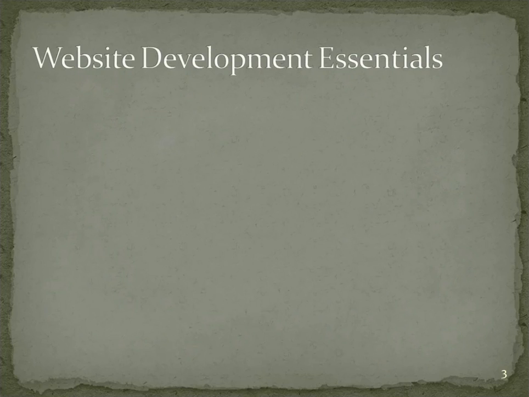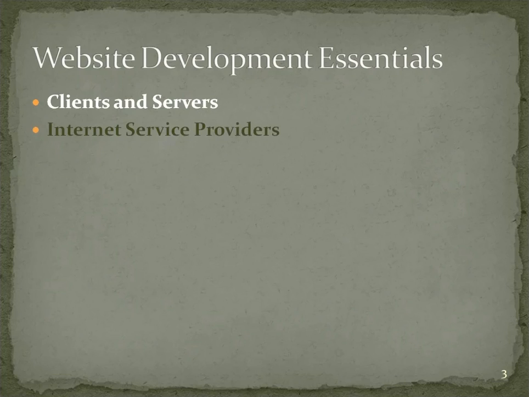Now we will see some of the essential components that are required for website development. The first essential components, as we have seen before, are the clients and servers. Clients are the web browsers and servers are the various machines on which the web pages are stored.